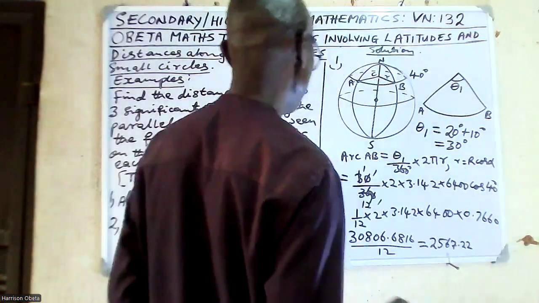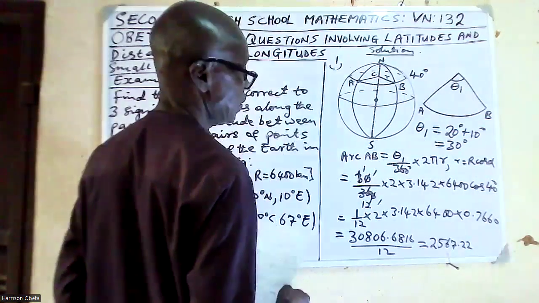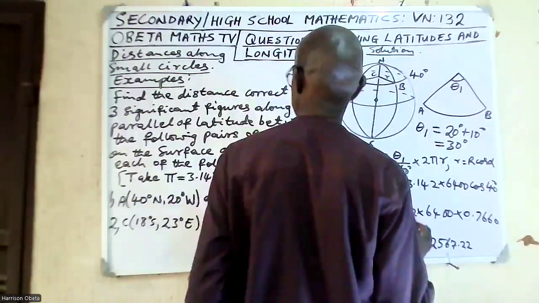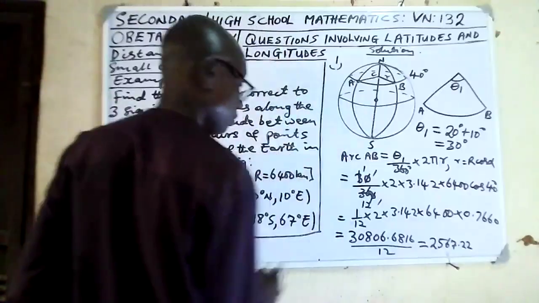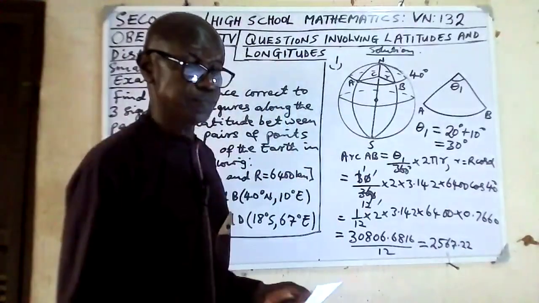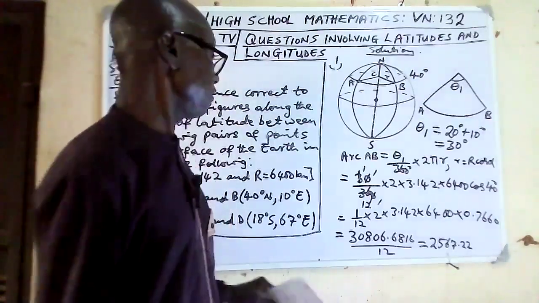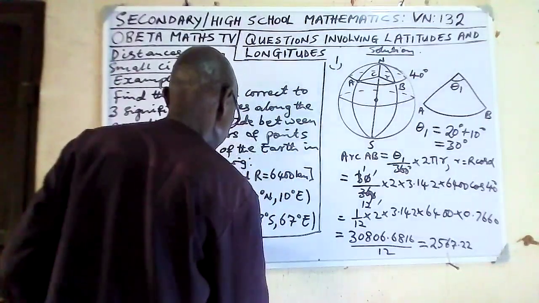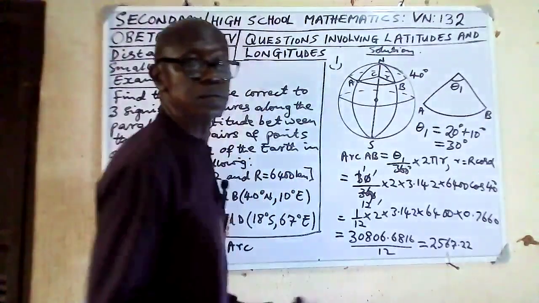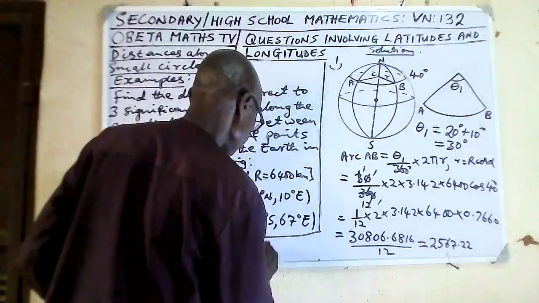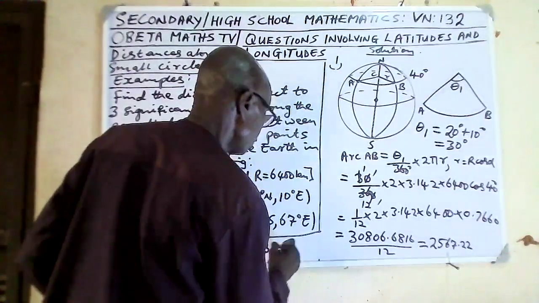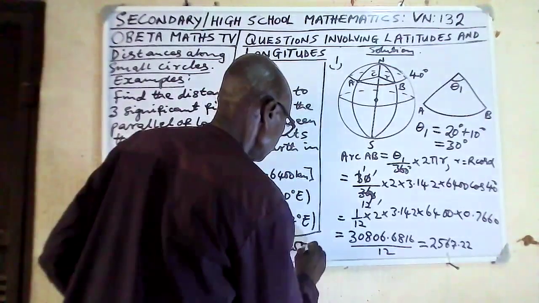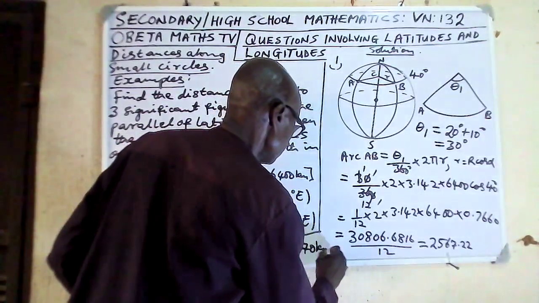But our answer must be in three decimal places. Oh, yeah. So continuing, we have arc AB is equal to 2570 kilometers.